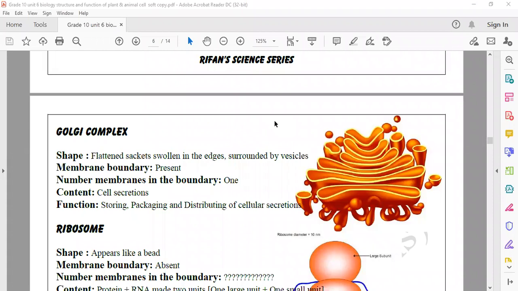Inside your eye, tears are secreted. From where are these tears coming? In your skin, sweat is secreted. The salivary gland, okay.